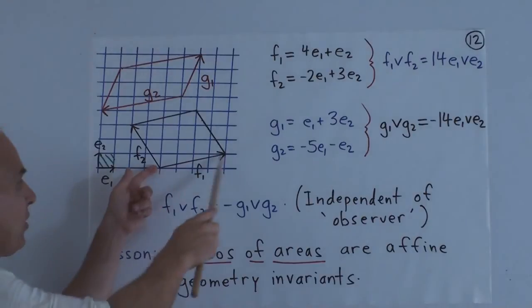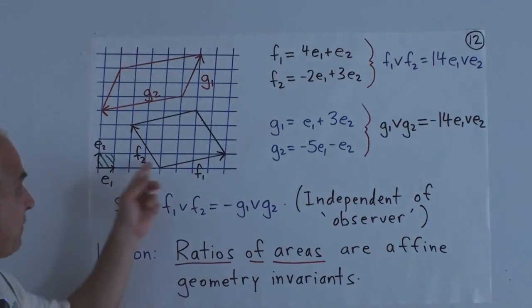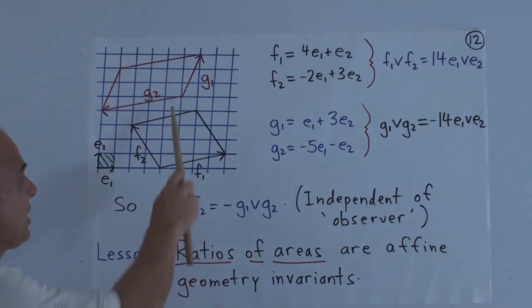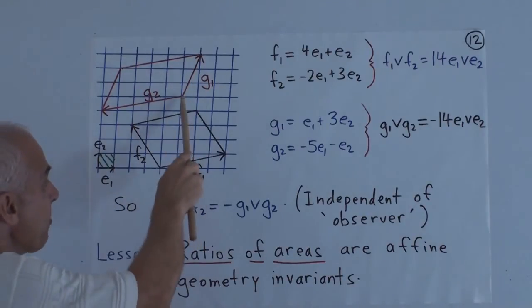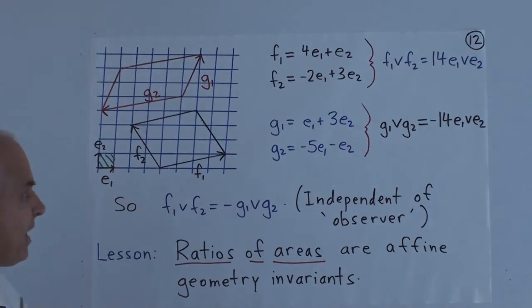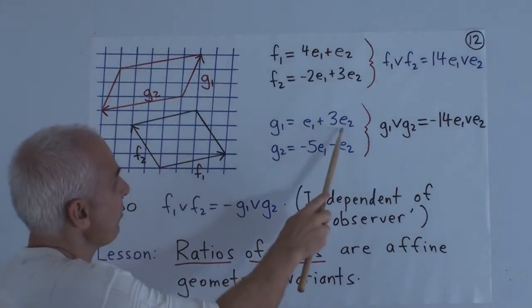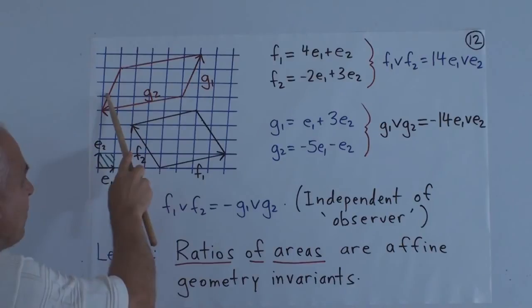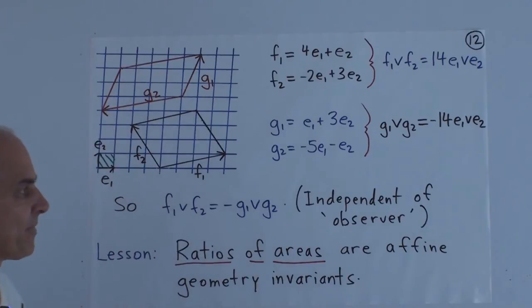Telling us that the area of this parallelogram is 14 times this area. Now here's another little parallelogram formed by this vector G1 and this vector G2. Again, with respect to e1 and e2, G1 is e1 plus 3 e2, and G2 is minus 5 e1 minus e2.